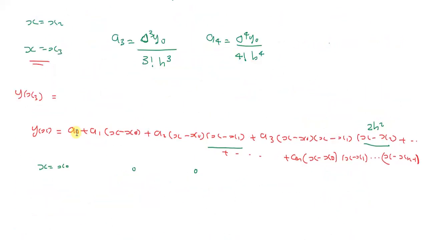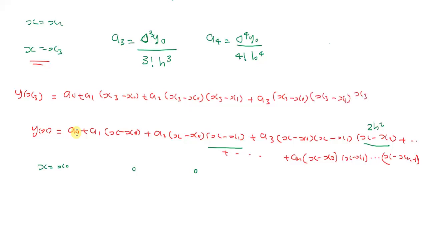So y of x3 will be equal to a naught plus a1 into x3 minus x naught plus a2 into x3 minus x naught into x3 minus x1 plus a3 into x3 minus x naught into x3 minus x1 into x3 minus x2, plus in the next term x3 minus x3 will be 0, and the remaining terms will all be 0.